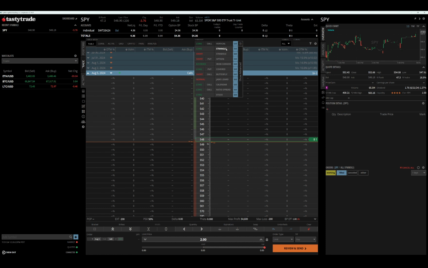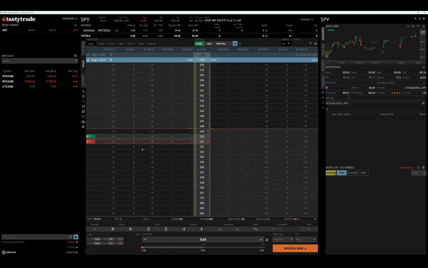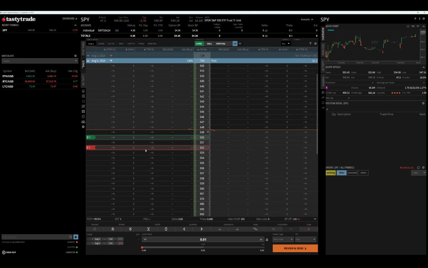So you have, in this case, a long vertical, which indicates the selling of a contract and the buying of a contract with a difference between them.